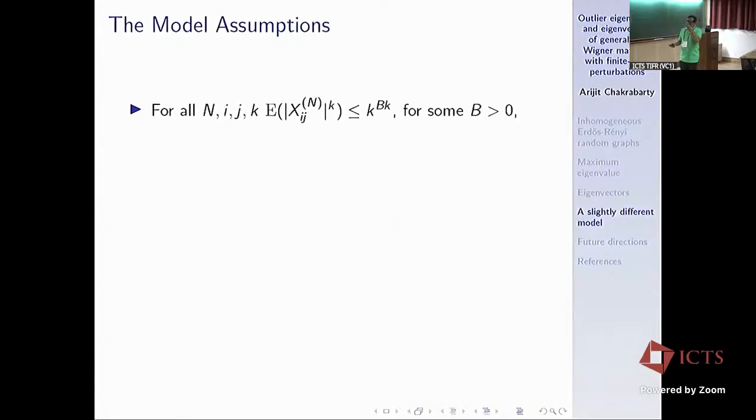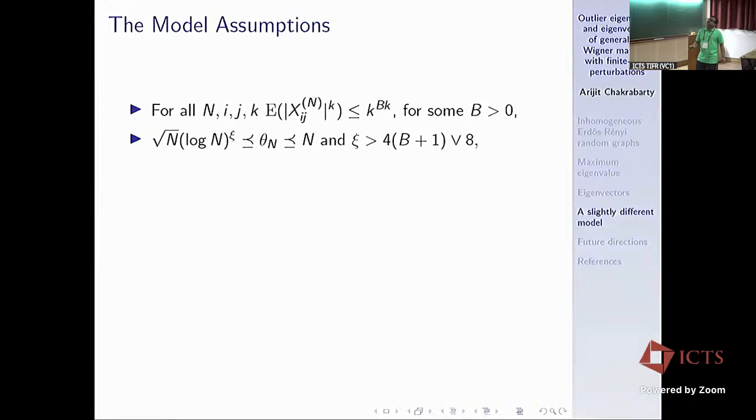But before that, let us pin down the assumptions. This is a moment assumption, that is, the kth moment is uniformly bounded by k times b to the power k for some positive b. And the assumption on theta_n is that it is much larger than square root of n times log n to the power psi, and much smaller than n. Well, okay, it's not much: this means theta_n is big omega of that, and this means it is big O of n, but psi is some constant larger than 4 times beta plus 1 and 8.